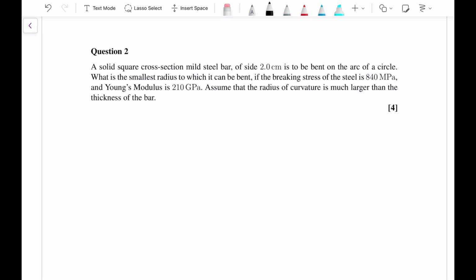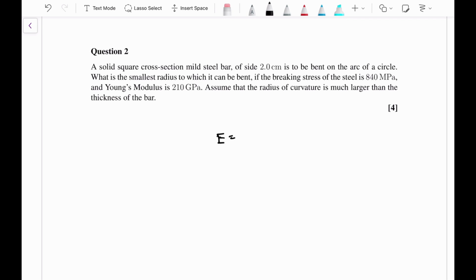Okay, so what we are looking at right now is that we have a steel bar and then it is bent, and the curvature basically fits in as an arc of a circle, and it gave us the breaking stress of steel and Young's modulus. Okay, so let's look at what we can actually get from this.